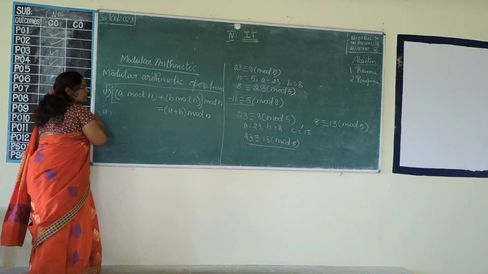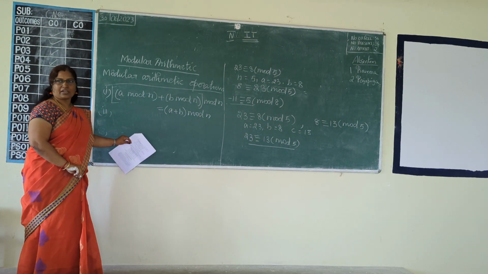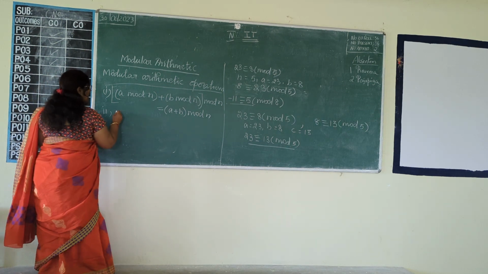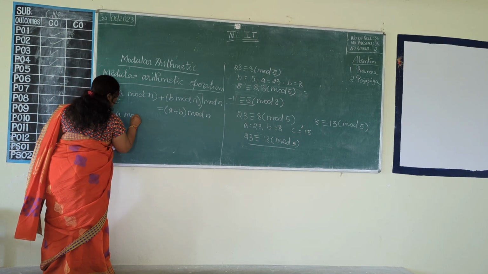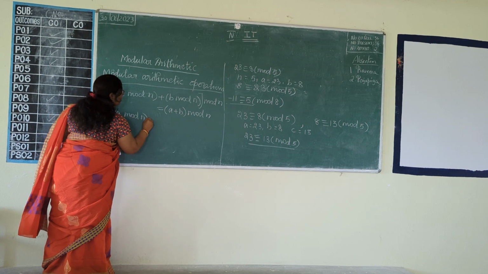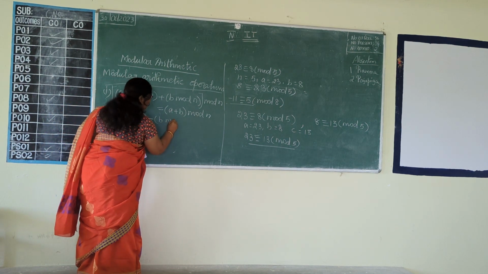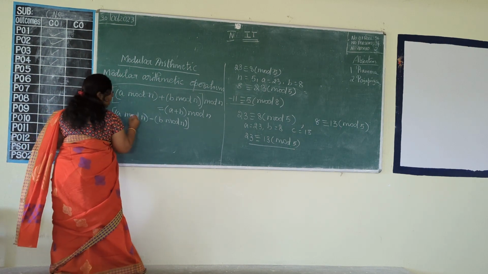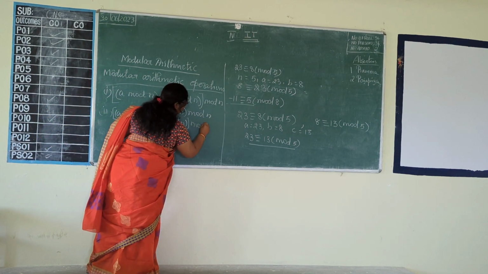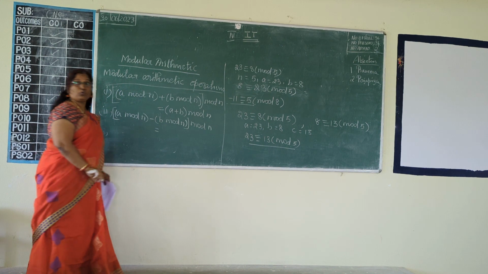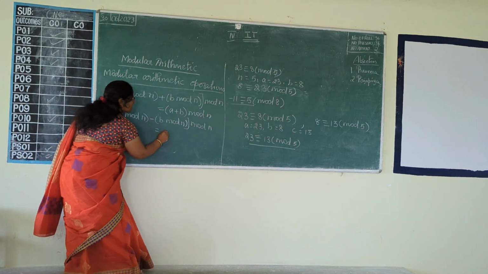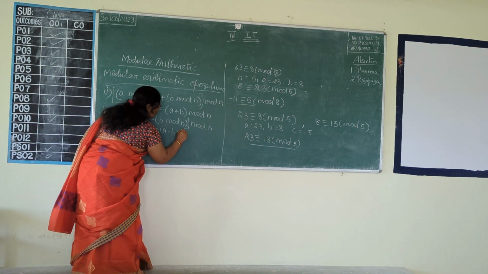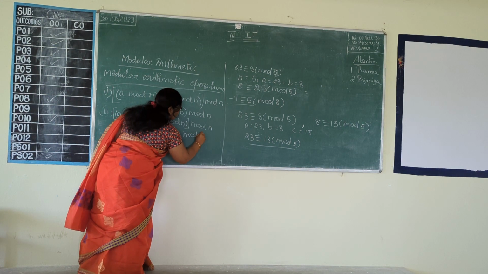Obviously, subtraction also will be there in the same way. So A mod n minus B mod n, whole mod n, is equal to A minus B mod n.